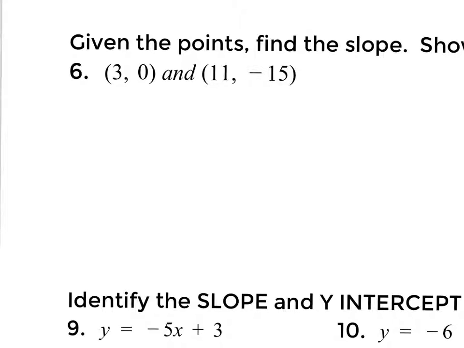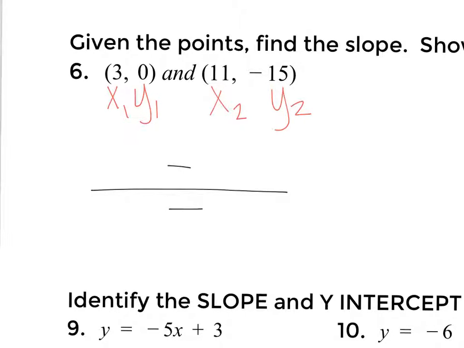You should be writing this on your paper. This is x, y, but they are your ones because they're your first set of points. This is x, y, but they are your twos. And you're going to throw it into your formula.